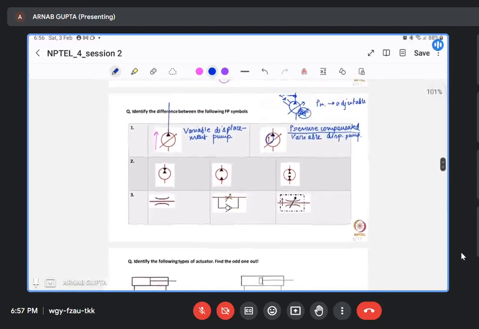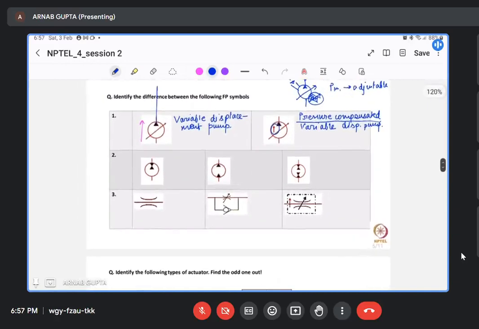Okay, coming to the next question, the next sub question. What is the difference between these three symbols? Anyone? What is the difference between these three symbols?